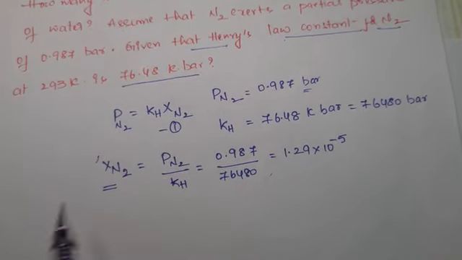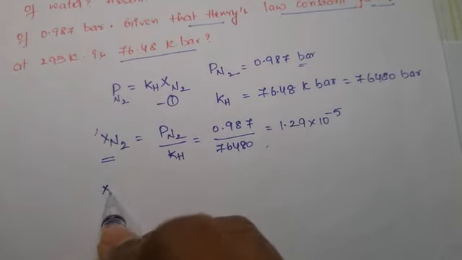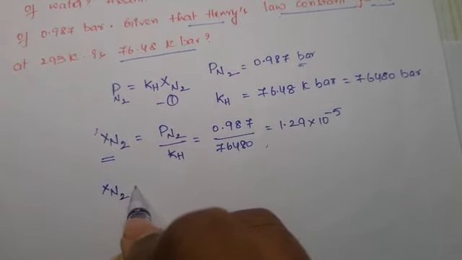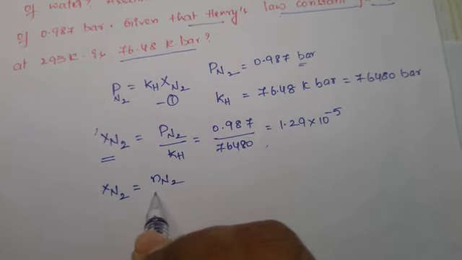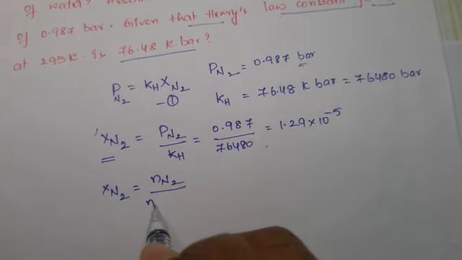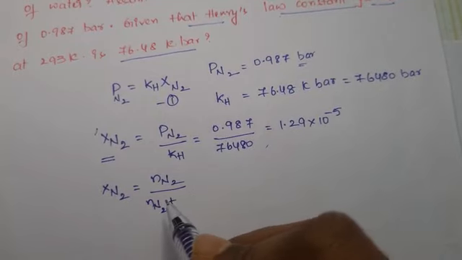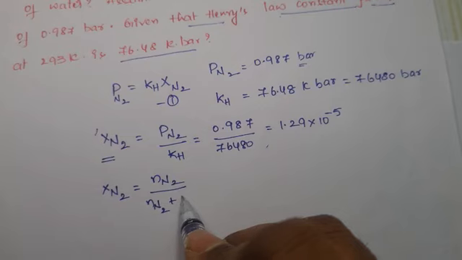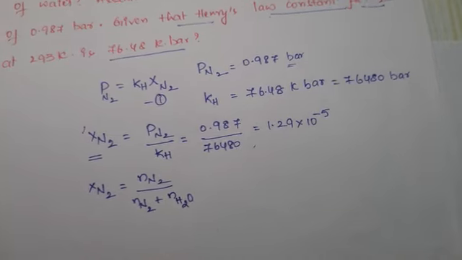The mole fraction of N2 equals the number of moles of N2 by the total number of moles. Since it is dissolved in water, we also need to take the number of moles of H2O.